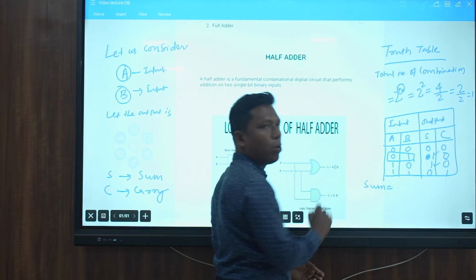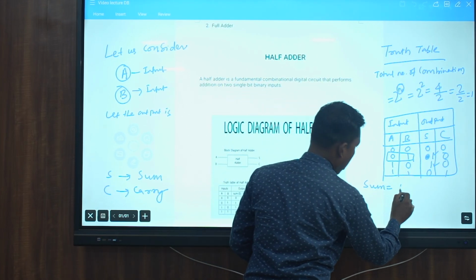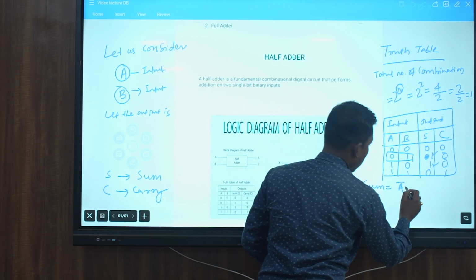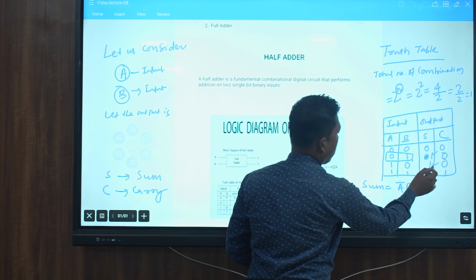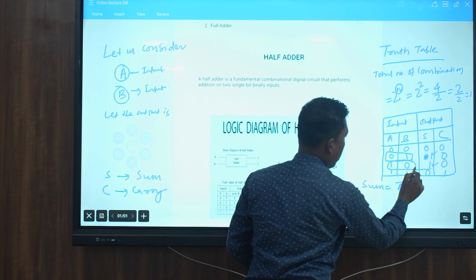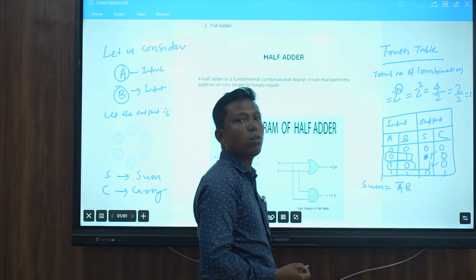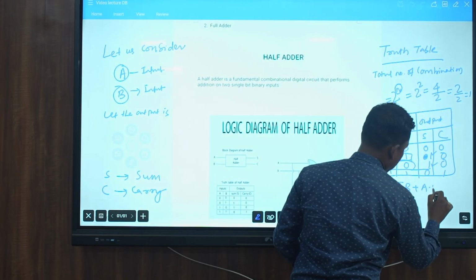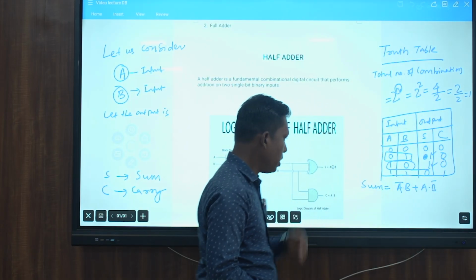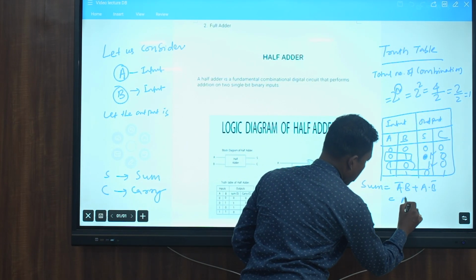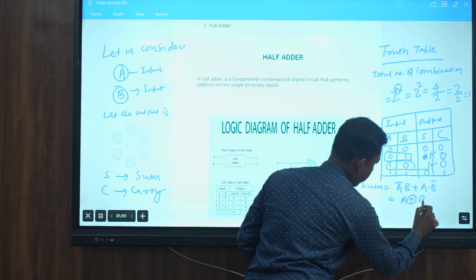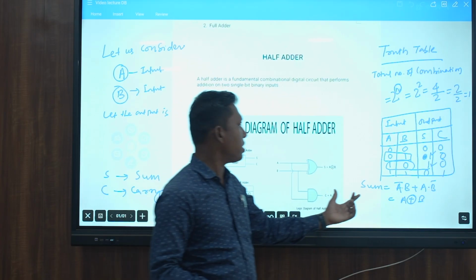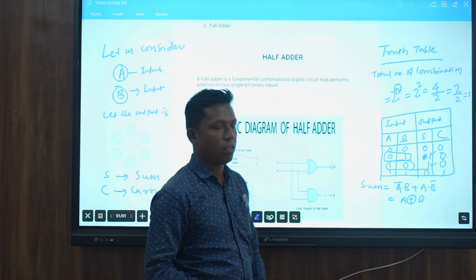A is 0, B is 1, that means A complement into B. Another condition is also there where the sum is 1: A is 1, B is 0, that means A into B complement. In this way, this is nothing but A XOR B. So in half adder, we conclude that the expression for sum is A XOR B.